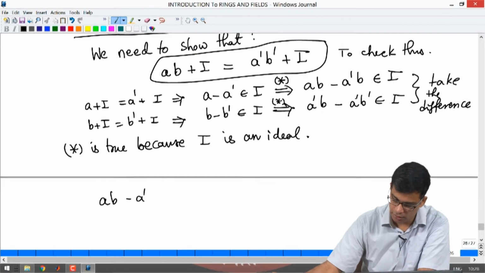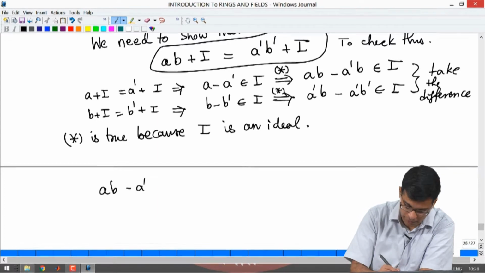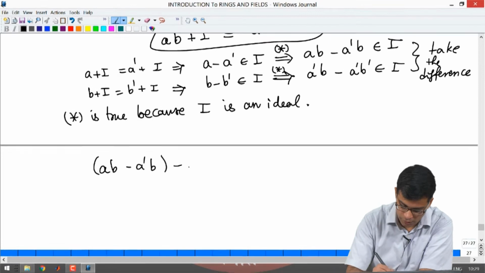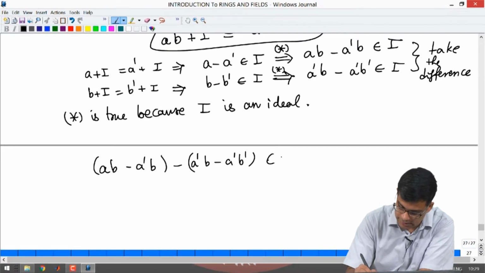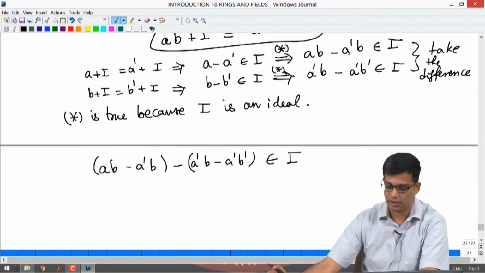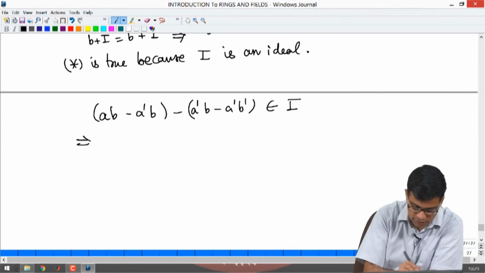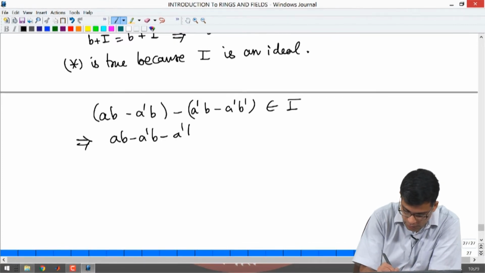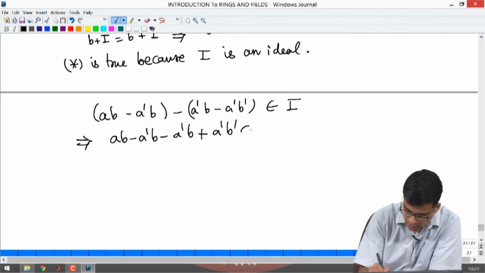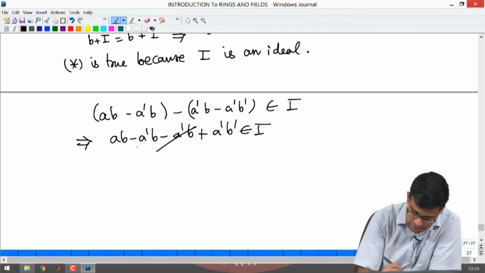So, now I take the difference. So, I get ab minus a prime b minus a prime b minus a prime b prime is in I, because individually they are in I, their difference is in I, but this means ab minus a prime b minus a prime b plus a prime b prime is in I. So, of course, I cancel this now.